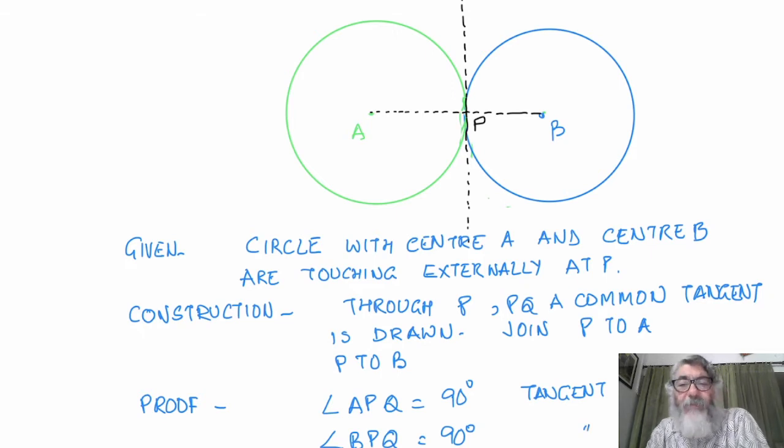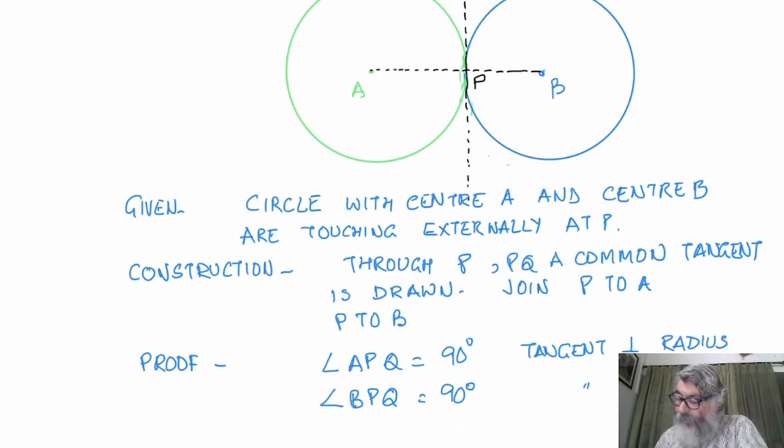Here also the same case. PB is the radius and PQ is the tangent, so they are perpendicular to each other. Now if I add APQ plus BPQ, what do I get? 90 plus 90, that is 180.